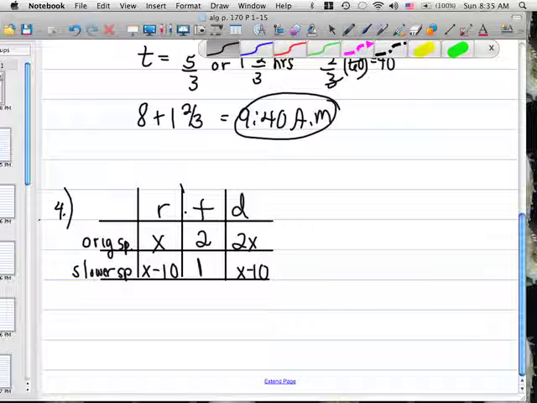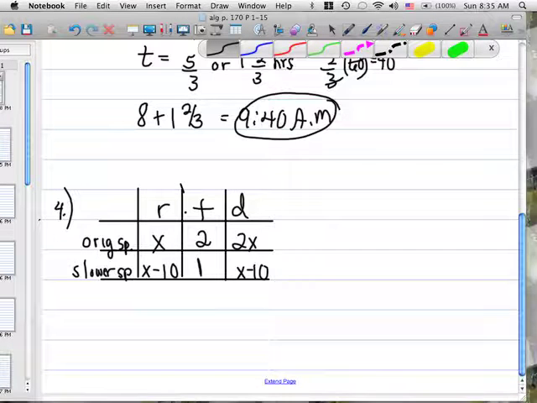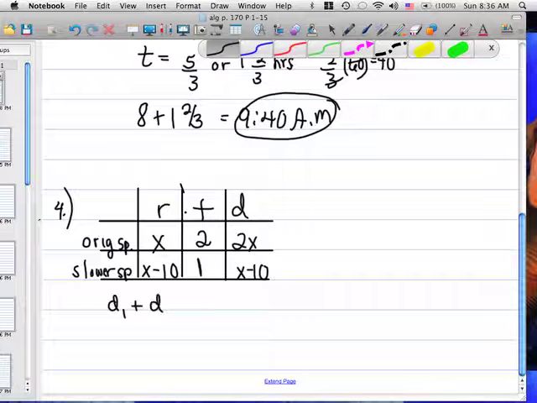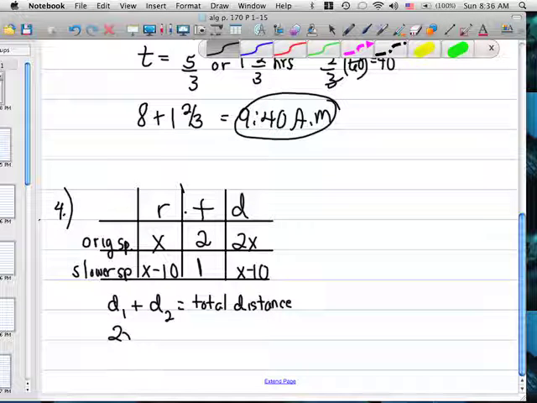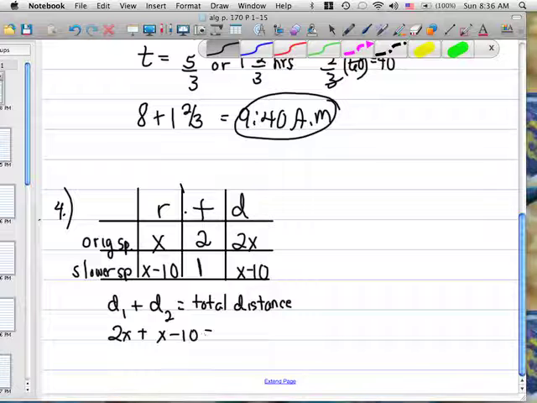Now how do we set this up? She's going a total of 152. So you have your first distance plus your second distance equals the total distance. So this is an addition problem. So we take 2x plus x minus 10, and it has to equal her 152-mile trip.